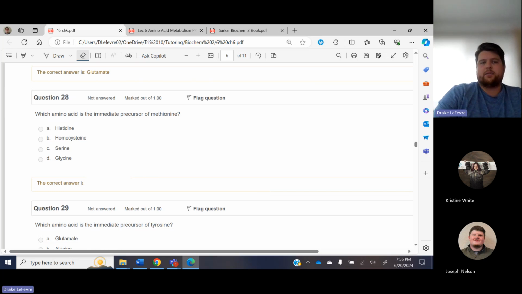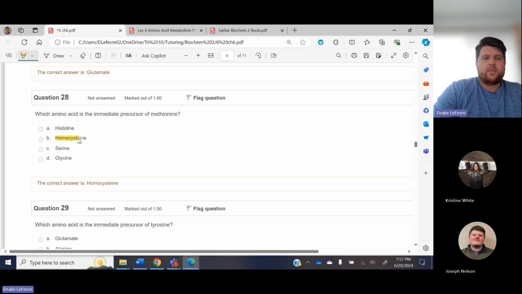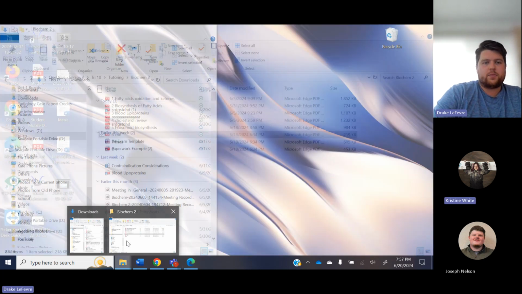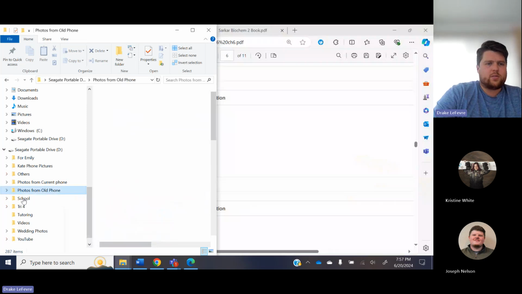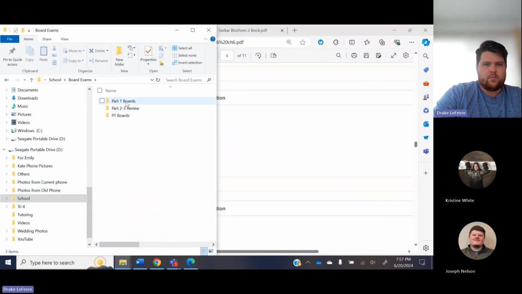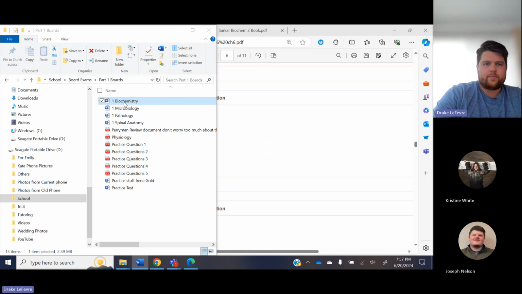Which amino acid is the immediate precursor of methionine? The answer to this one is homocysteine. This is going to come back up quite a bit. I don't know if it's in this class or if it is more just a boards thing.